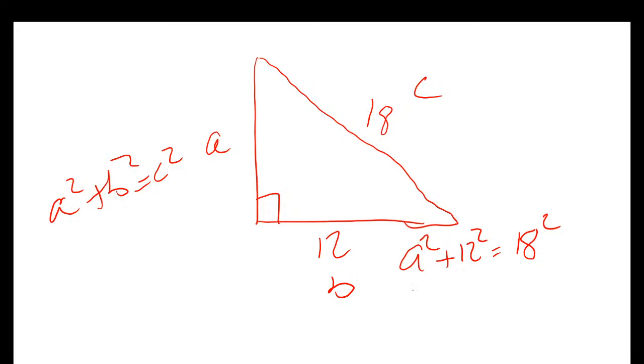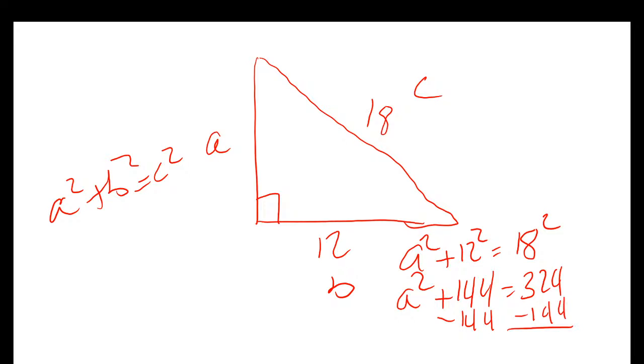So a squared plus 144 equals 324. We would subtract 144, subtract 144. We would get a squared equals 80. And so a is the square root of 80, which if we break that down is 16 times 5. 16 is 4 times 4. And we get 4 square roots of 5.